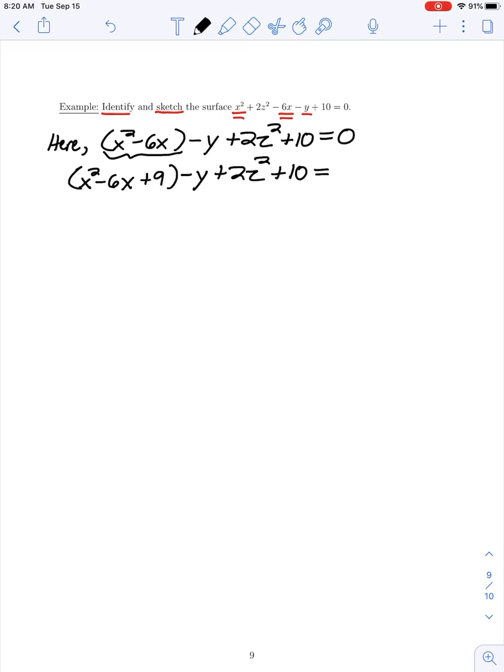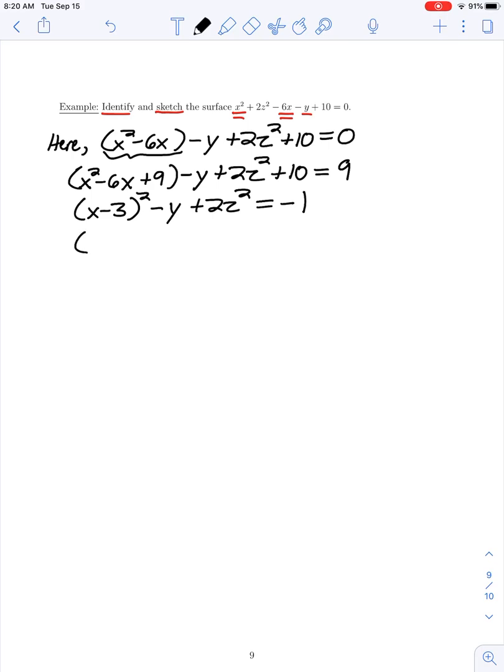Now, if I added 9 on the left-hand side of this equation, I must also add 9 on the right-hand side to keep these expressions equal to one another. And this allows me to then factor this as x minus 3 quantity squared minus y plus 2z squared. And then if I group all my constants on the right-hand side, subtracting 10 from both sides, I would have a negative 1.